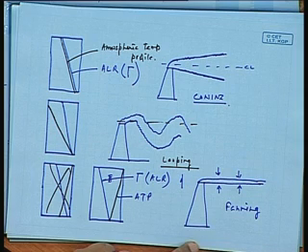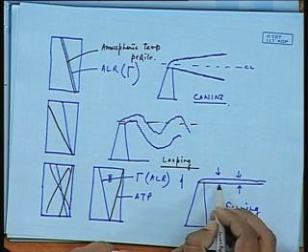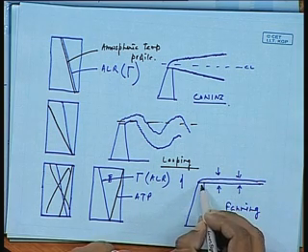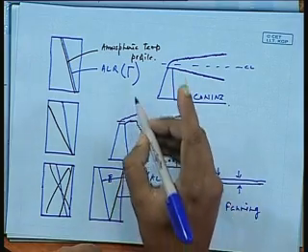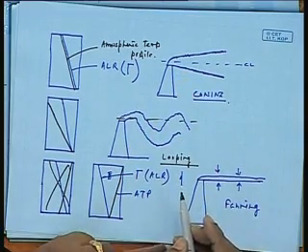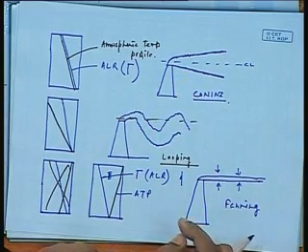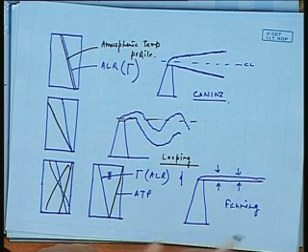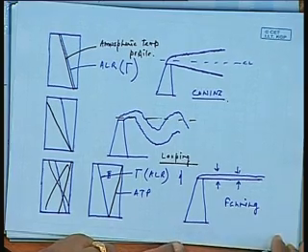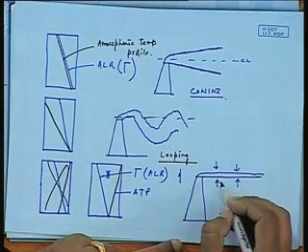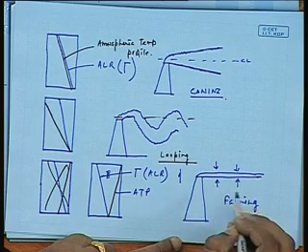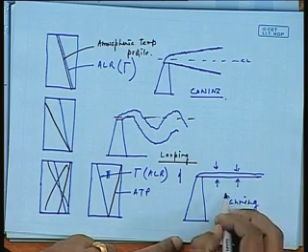Whatever hot gases come out of this smokestack, remember, another important thing about smokestack plumes is that all these gases are hotter than the atmospheric temperature at that point. This is also an important parameter or qualification for the smokestack.